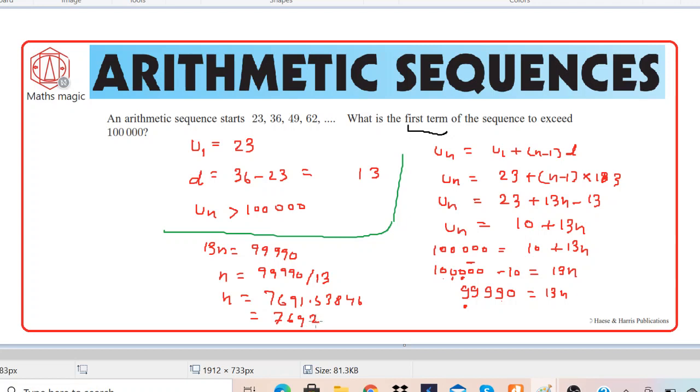So we will cross check the answer. We already have the general term un is equal to 10 plus 13n.